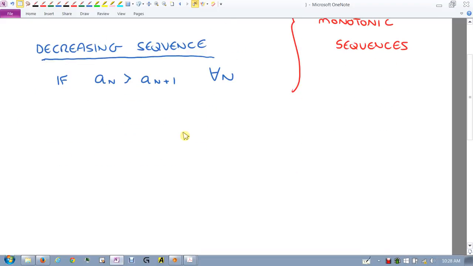All right. The next idea is what it means for a sequence to be bounded above. Yes, this is all 8-1. So what does it mean for a sequence to be bounded above?